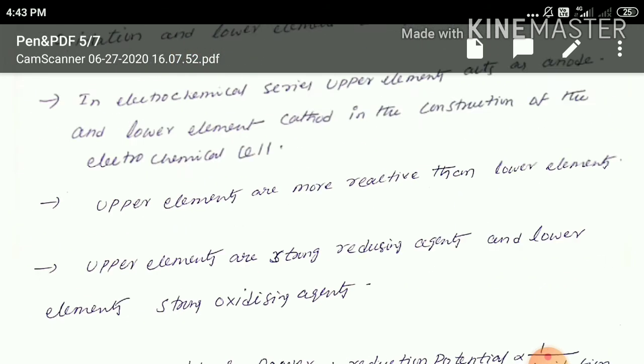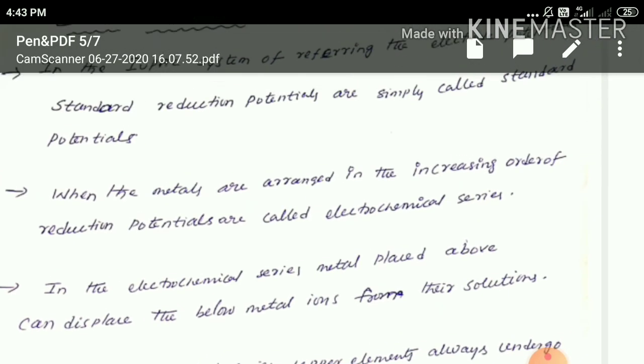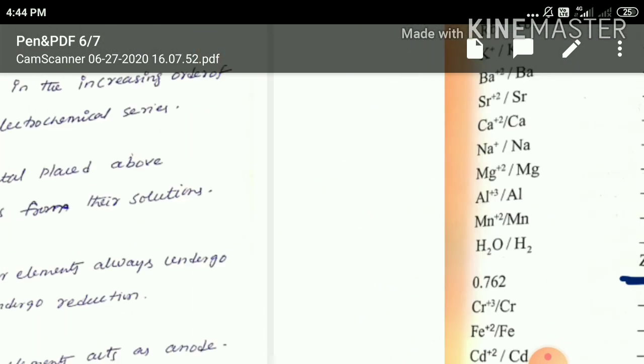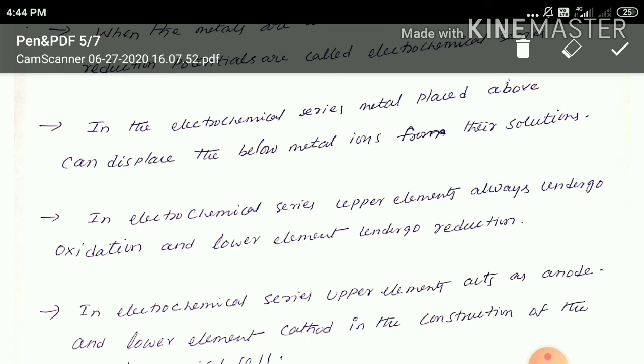Now we can see what those are. In the electrochemical series, metals placed above can displace the metals or metal ions which are placed below. Did you understand what I said? In the electrochemical series, a metal placed above can displace lower metal ions or metals from their aqueous solution.